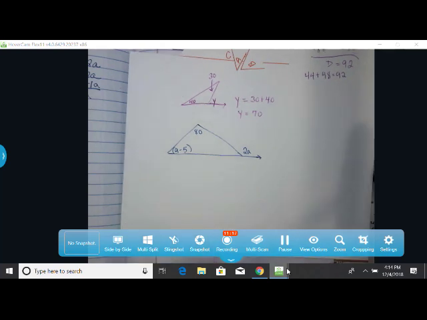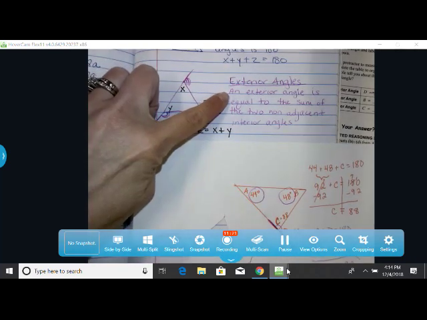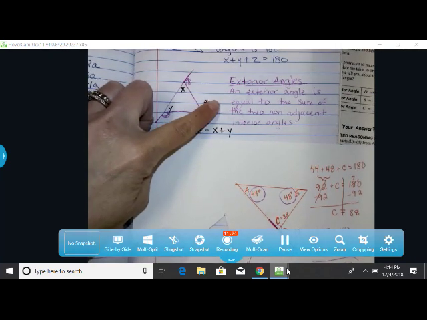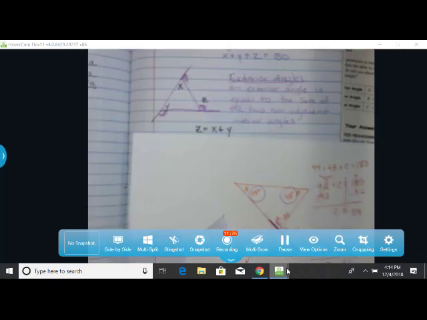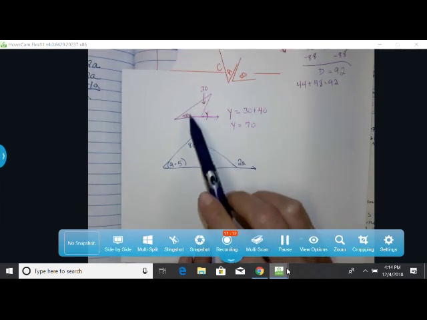So going back to our rule about exterior angles, an exterior angle is equal to the two non-adjacent interior angles added together. So just like up here, y equals 30 plus 40.